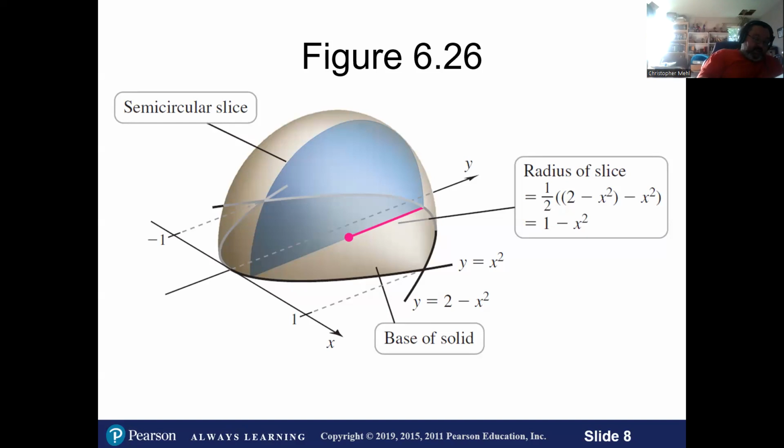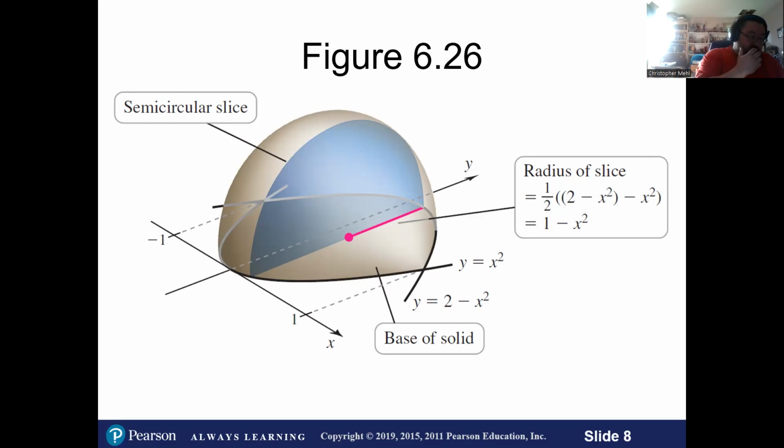The next example, then, we're going to look at the volume of a parabolic hemisphere. And so this is a solid that has a base bounded by the curves y equals x squared and y equals 2 minus x squared. And so you see the plane there. You have your two curves, y equals x squared on the bottom, y equals 2 minus x squared on the top.